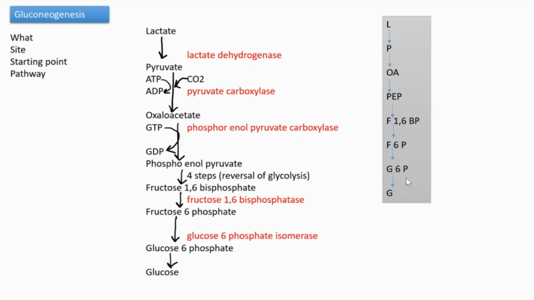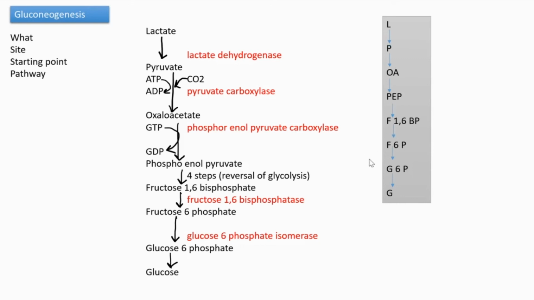When it becomes glucose 6 phosphate, it can very easily be converted to glucose. These are the main steps. So we are going to see which are the enzymes acting in each step and what are the associated reactions.